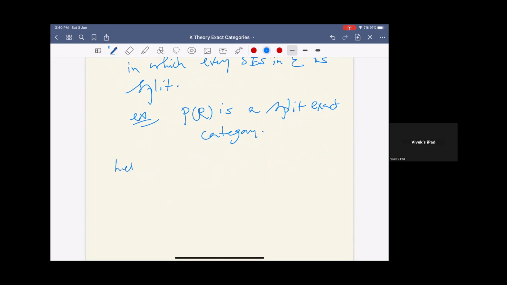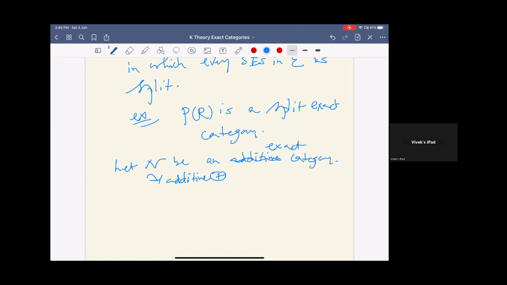Let N be an exact category, but any exact category is also additive, right? And it also has finite products. So any additive category with finite products has a monoidal structure.